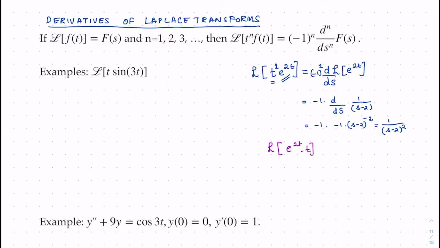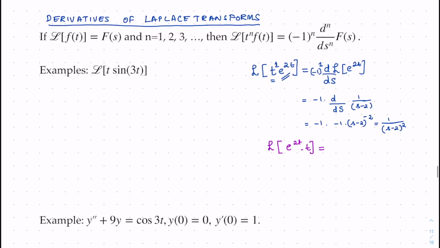If I use the first translation theorem, this would be the Laplace of t, replacing s by s minus 2. The Laplace of t, you all know, is 1 over s squared, and you replace the s by s minus 2, then that's going to give you 1 over s minus 2 the whole squared.